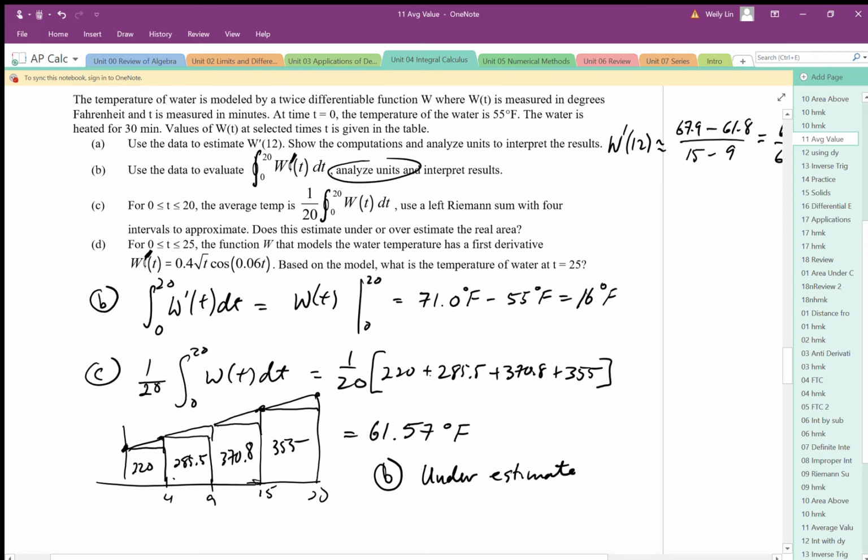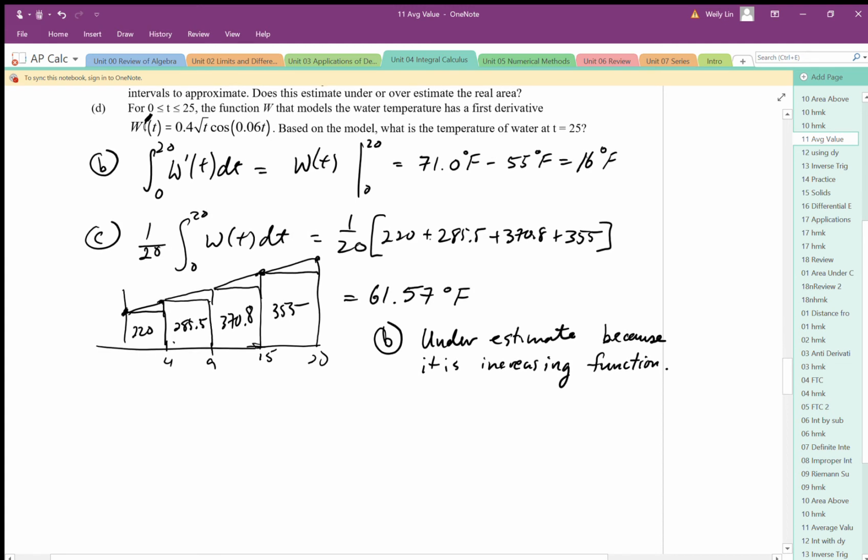Okay? So this is an increasing function. If the function was decreasing, we would be underestimating or overestimating the area.